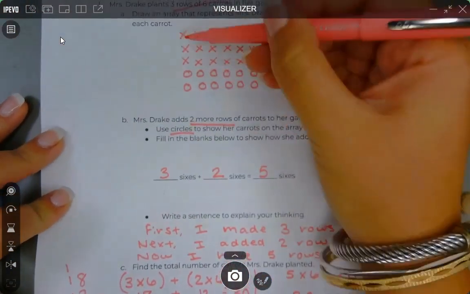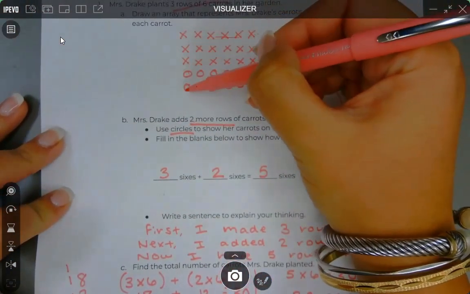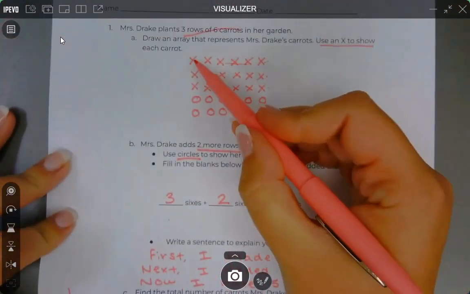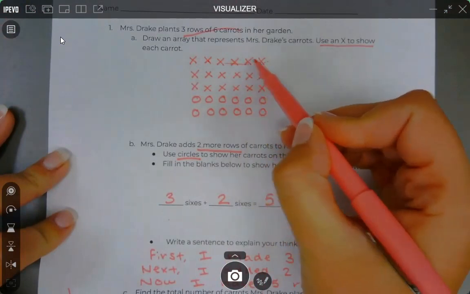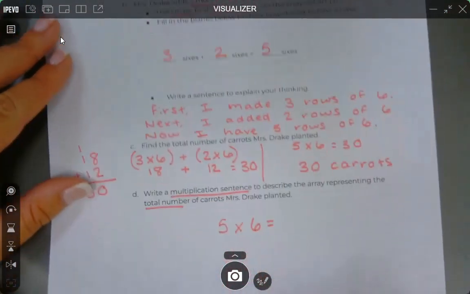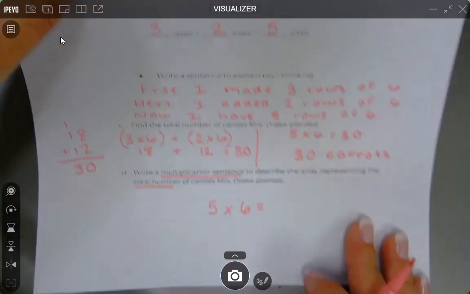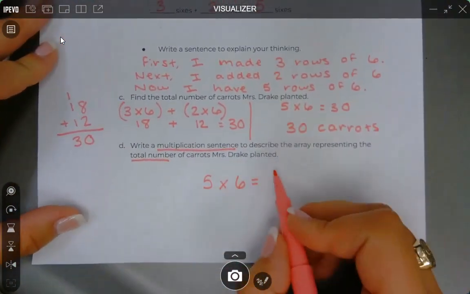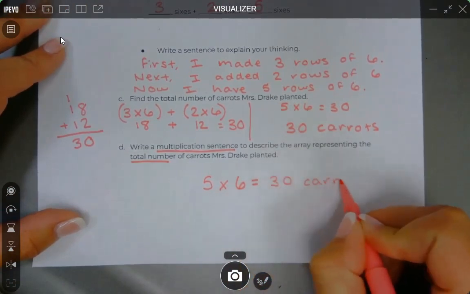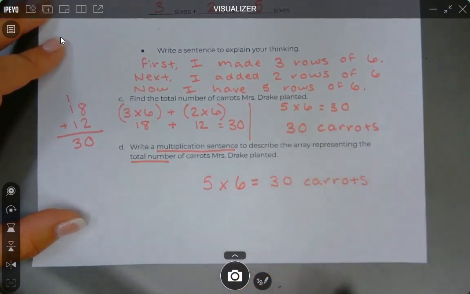So we have 1, 2, 3, 4, 5 rows of 1, 2, 3, 4, 5, 6. 5 rows of 6, as we said. Oops, sorry guys, you couldn't see that. 5 rows of 6 equals 30 carrots. Our unit here is carrots.